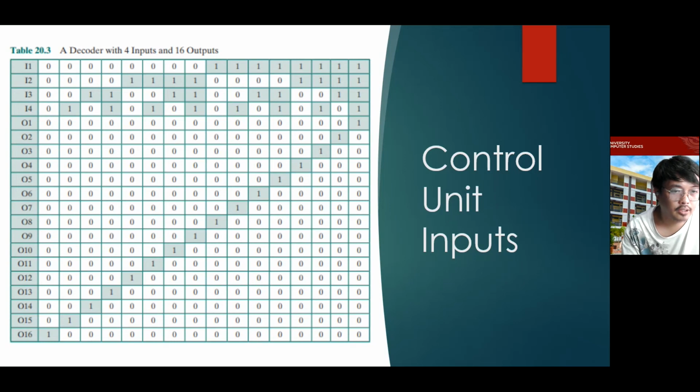That is the four inputs that we discussed earlier. Again, the four inputs are the IR, the instruction register, the flags, the clock, and the control signal from the control bus.